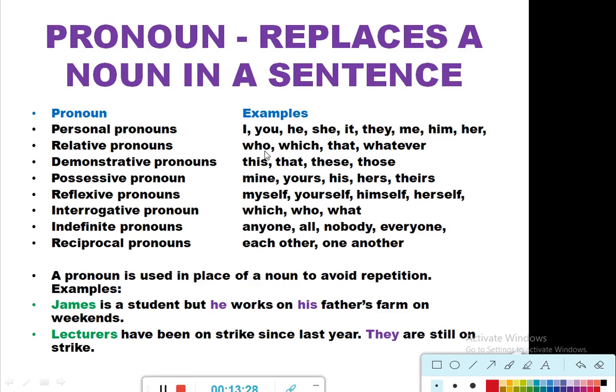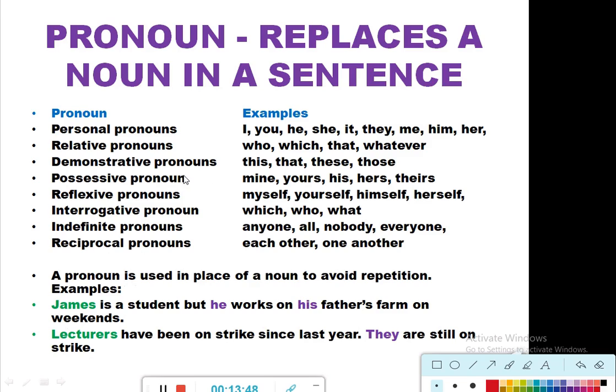Then relative pronouns. Relative pronouns are who, which, that, whatever. Then we have demonstrative pronouns: this, that, these, and those.